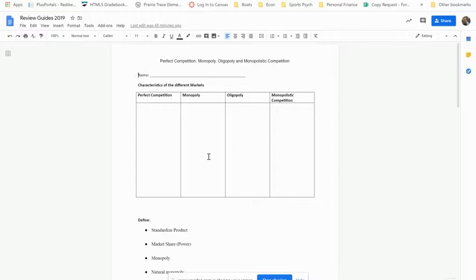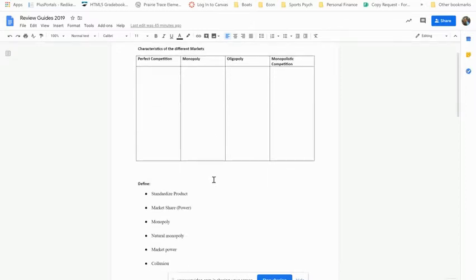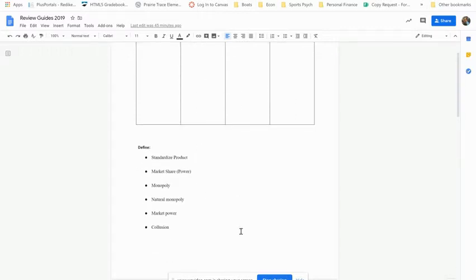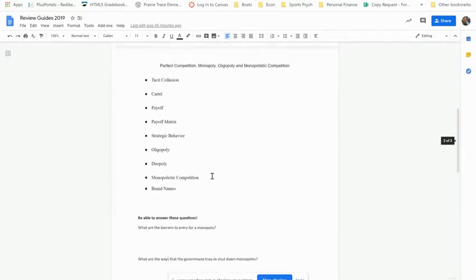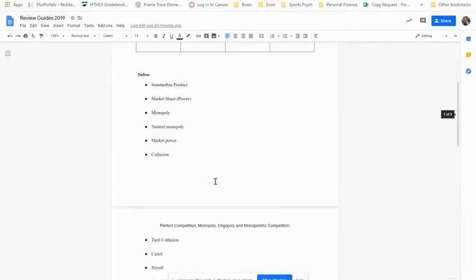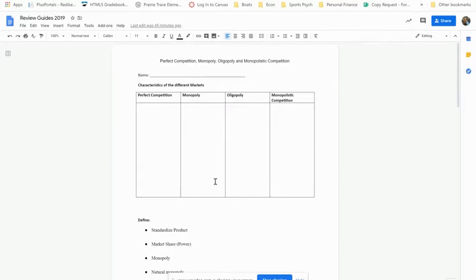As a way for you to get ready for that quiz, you'll be able to use this review guide on your quiz to help you with it. As I'm talking about some of the slides, or if you're reading through the slides, you'll be able to find the answers to these different questions from here. And then, like I said, we'll take a quiz. It's sort of a Google quiz, and we'll figure that out from there.